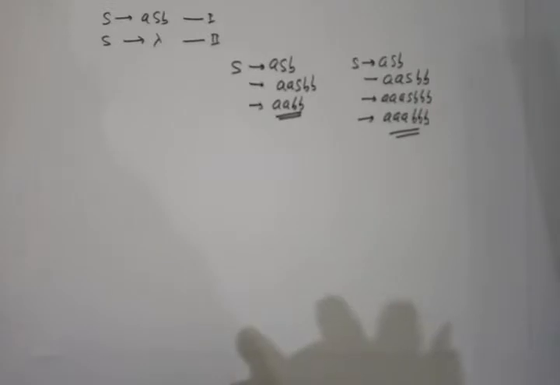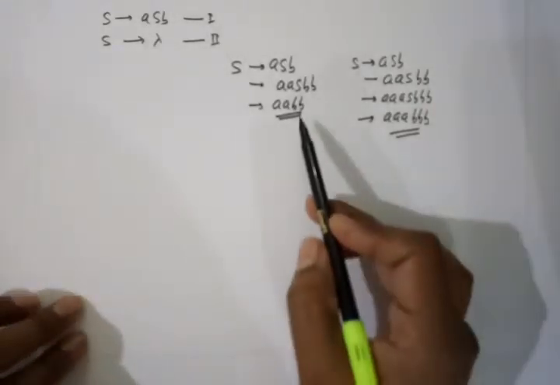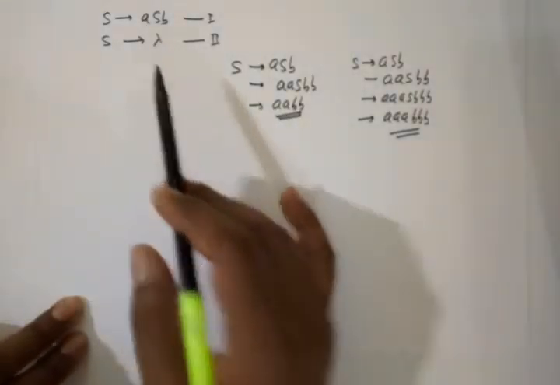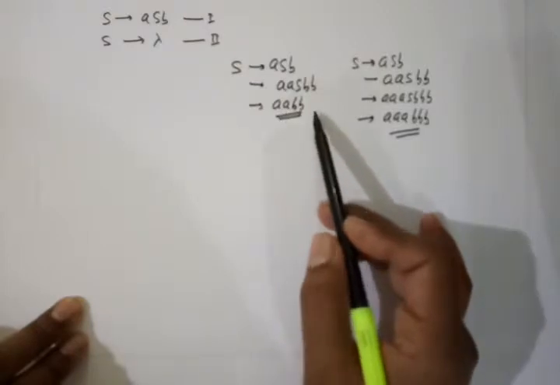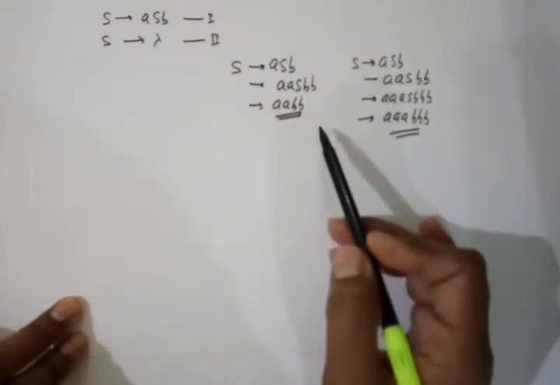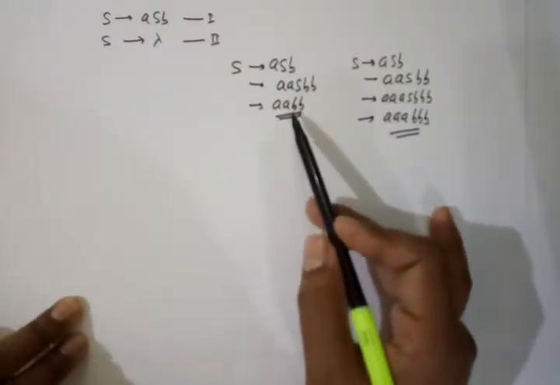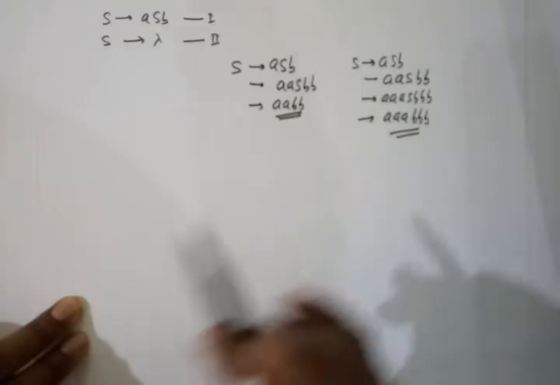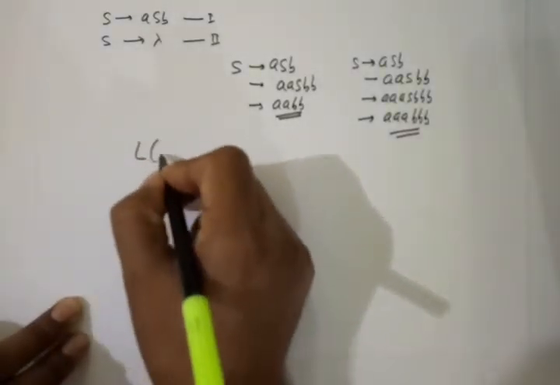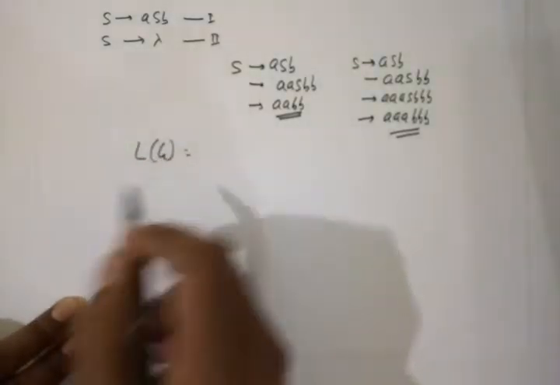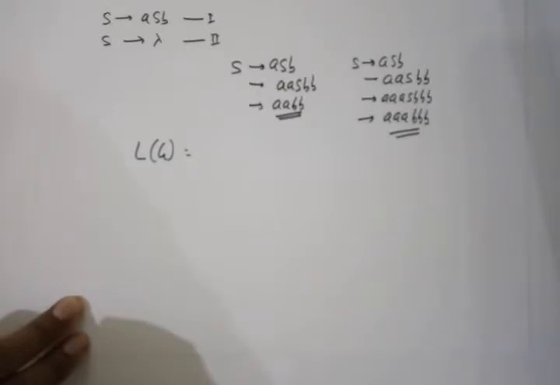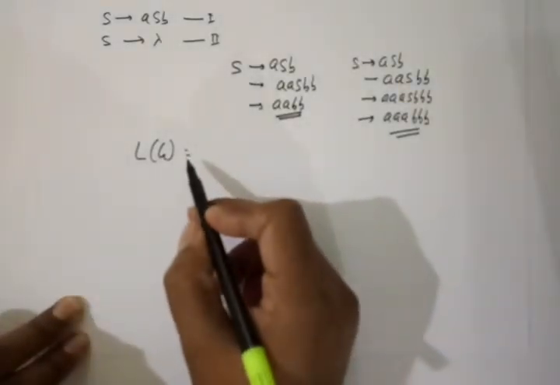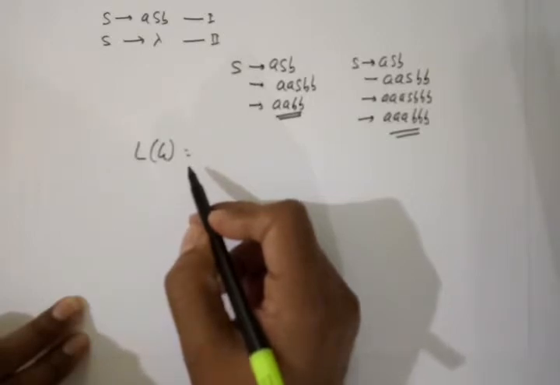Now we can notice one thing. In all the strings which can be derived by this grammar, the number of A's and the number of B's are equal, and A comes first, then B. So can we write the strings derived by this grammar in a general form?